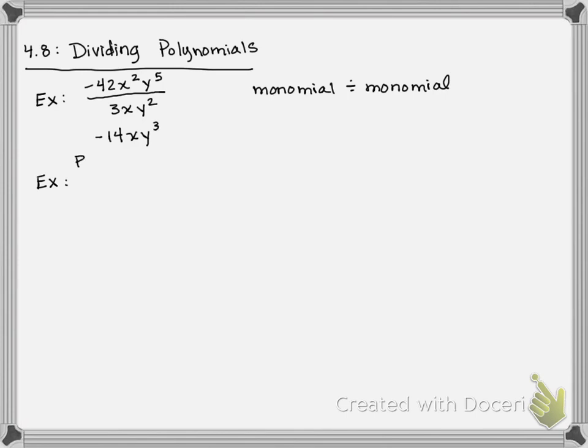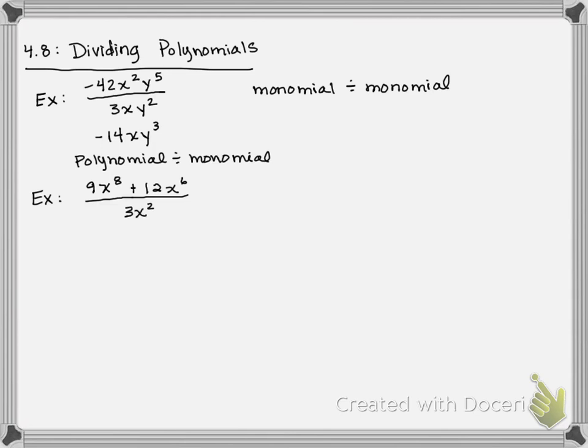Now, when we have a polynomial divided by a monomial, it turns out that if you're just dividing by one term, that division basically distributes, just like multiplication. So if I have 9x to the 8th plus 12x to the 6th divided by 3x squared.